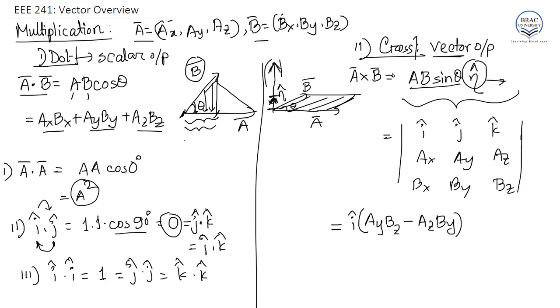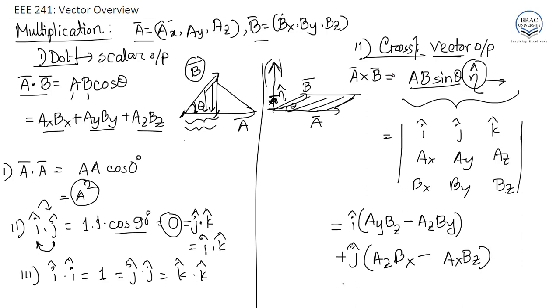and basically you know how to expand a determinant, right? If we take i, then we'll have to multiply ay bz, and we have to subtract az by from it. Then we will go to the j component over here, and we'll multiply az bx and then subtract bz ax, right?